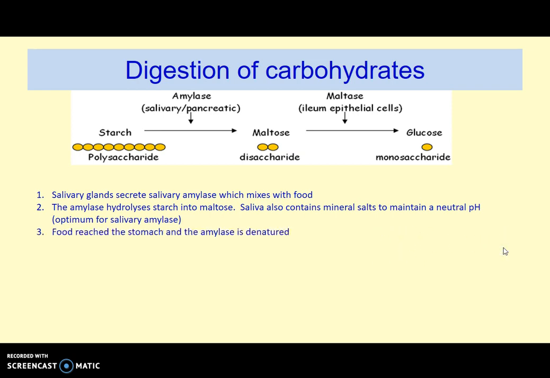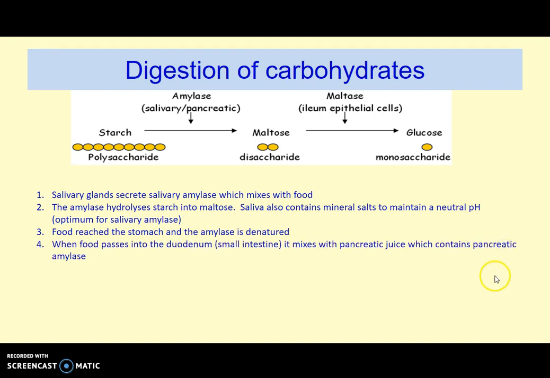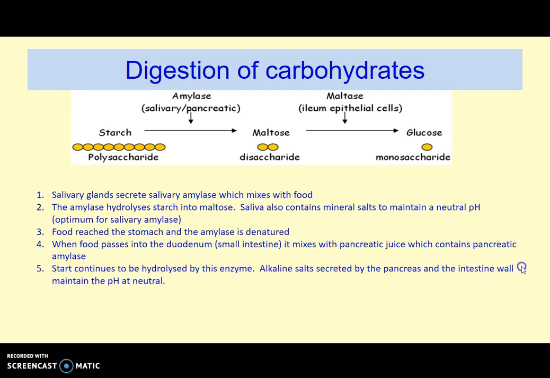Food reaches the stomach. That amylase will be denatured. But when it passes into the duodenum, pancreatic juice contains the pancreatic amylase, so there's further hydrolysis. Both in the mouth and in the duodenum, there are salts that will maintain the pH at neutral for optimum conditions.